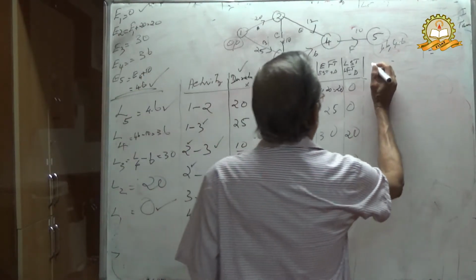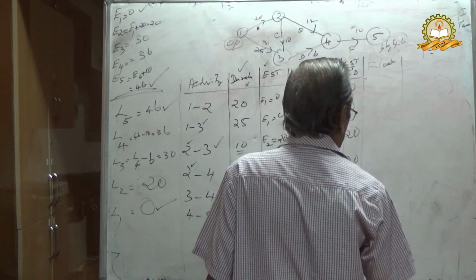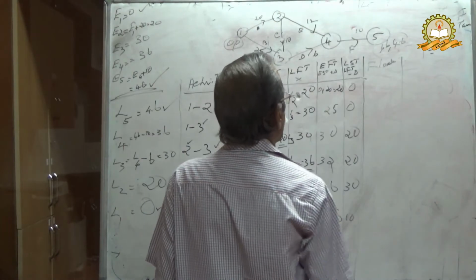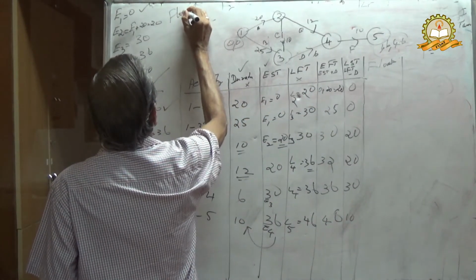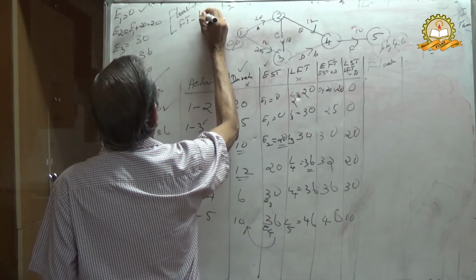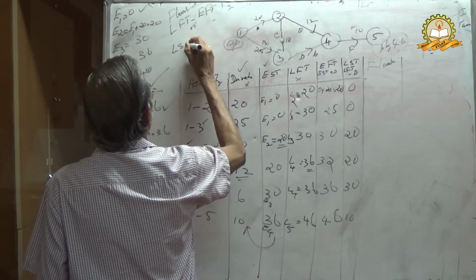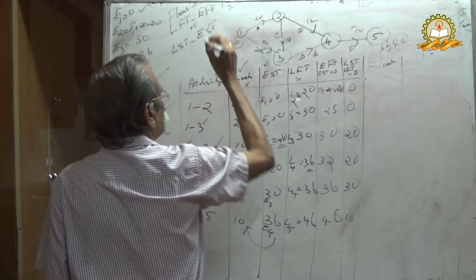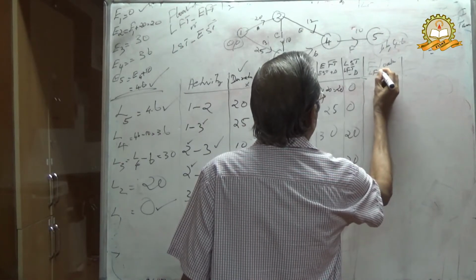Therefore, next one, total float. Your formula was float equal to LFT minus EFT or LST minus EST. I use LFT minus EFT.